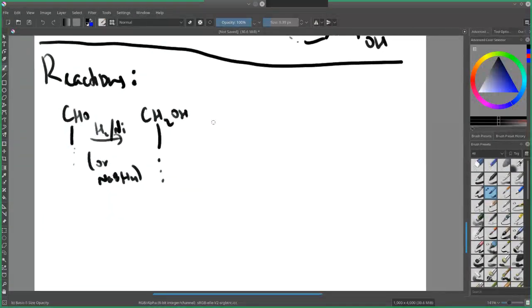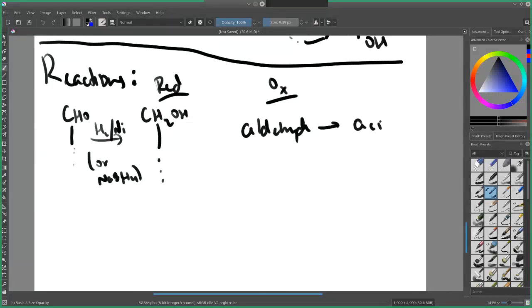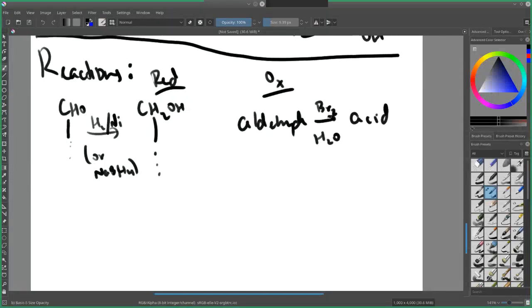Okay, and then this is your reduction, and then you can also oxidize. So let's say you have an aldehyde and you want to turn it into an acid, then you could just use bromine in water. Okay. If you think back, very, very long ago, bromine is an oxidizing agent.